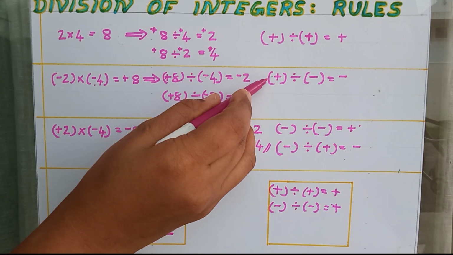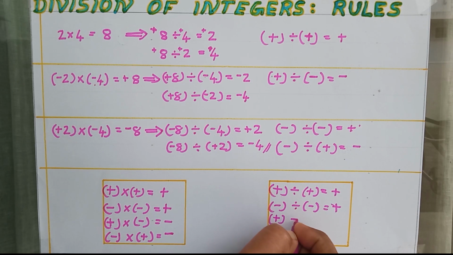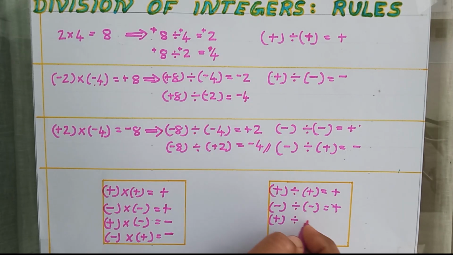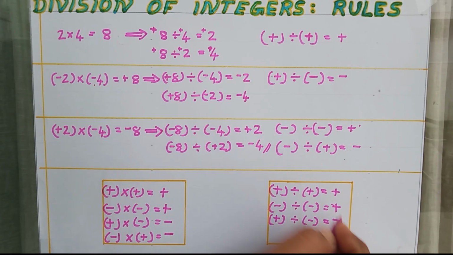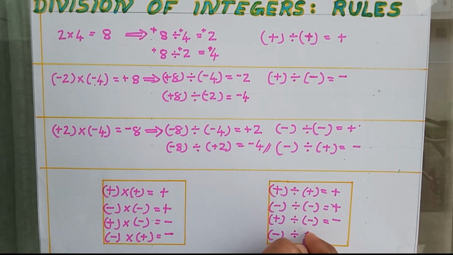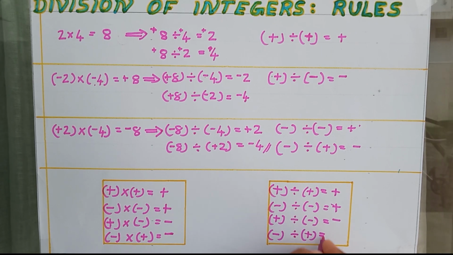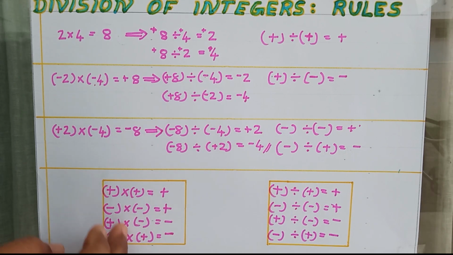See, from here positive divided by negative equal to negative. From the last one, negative divided by positive equal to negative. So compare both these rules.